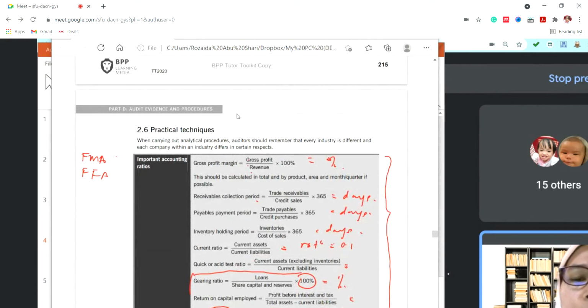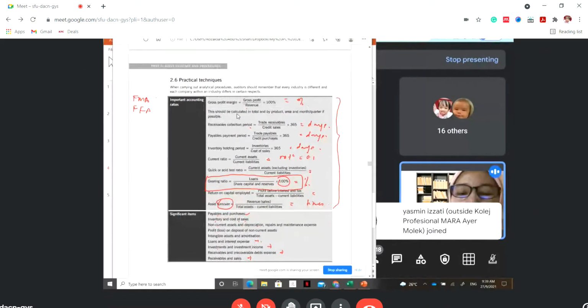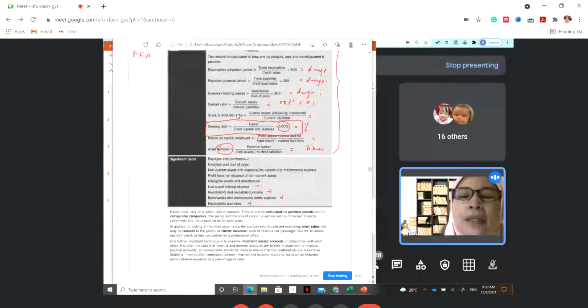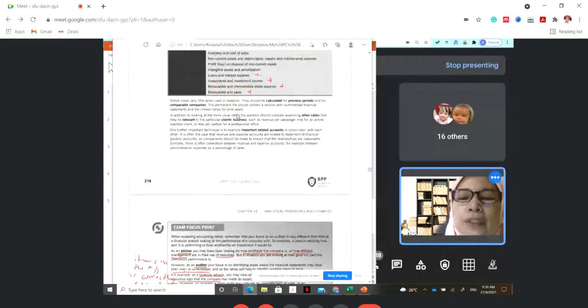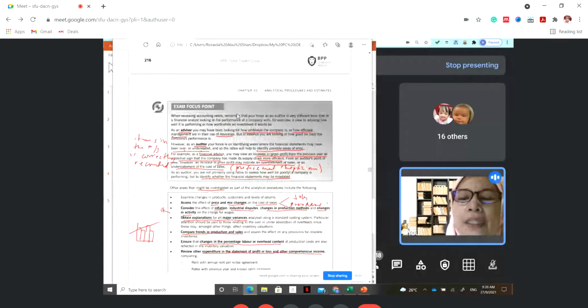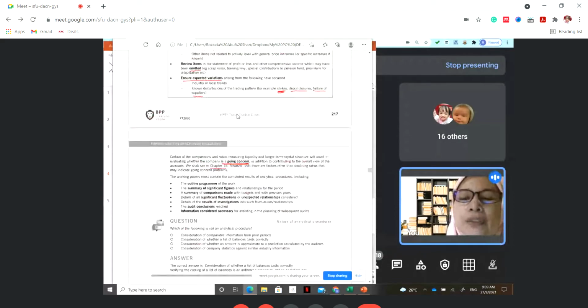If the company has a high gearing ratio, that is a possible indication on the going concern.